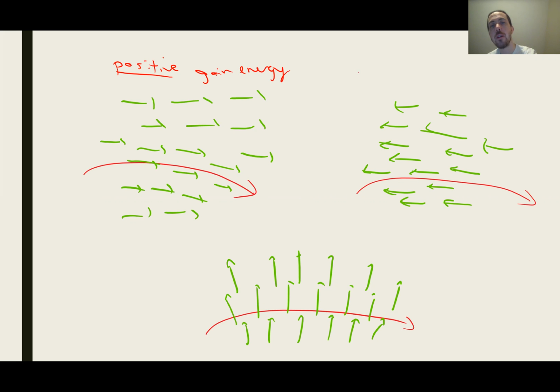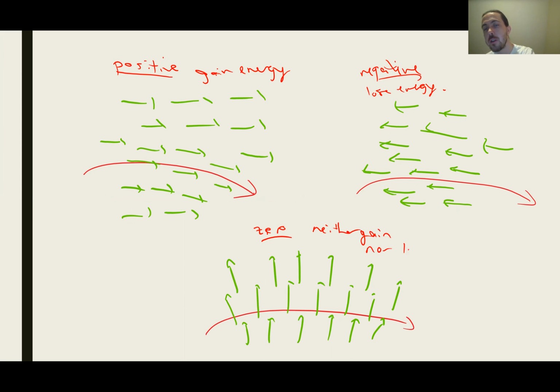Whereas in the upper right, the vector field is pointing in the opposite direction, so we get a negative contribution. We lose energy. Whereas down at the bottom, the vector field is moving perpendicular to the object that's going through it. And here, we can imagine that the total contribution to our energy is zero. We neither gain nor lose.